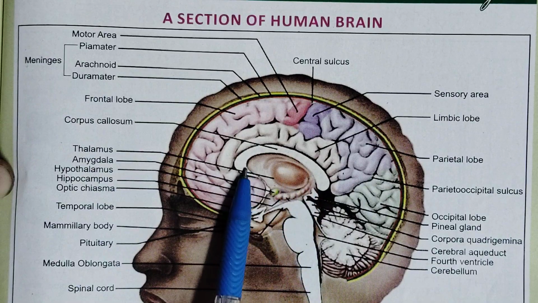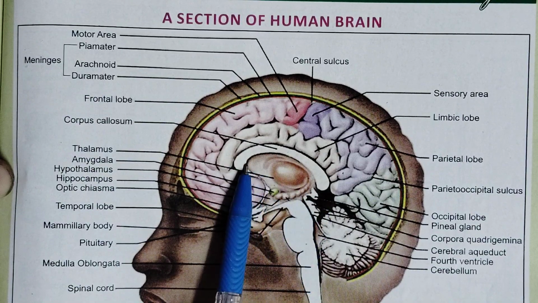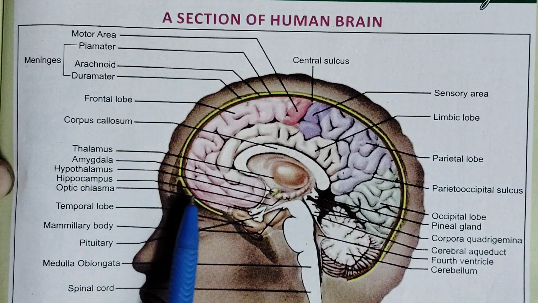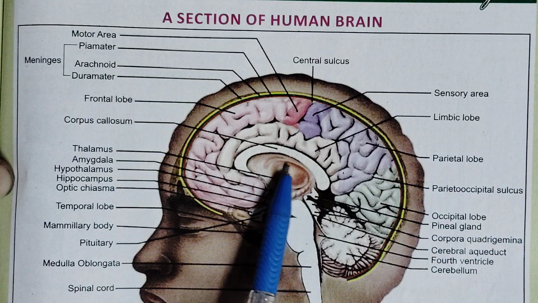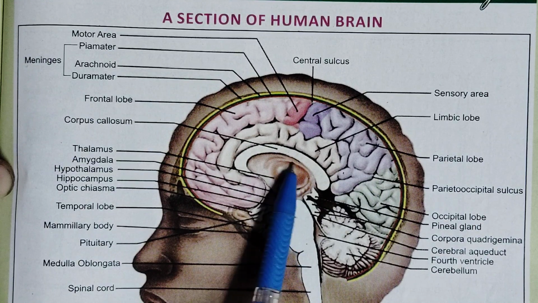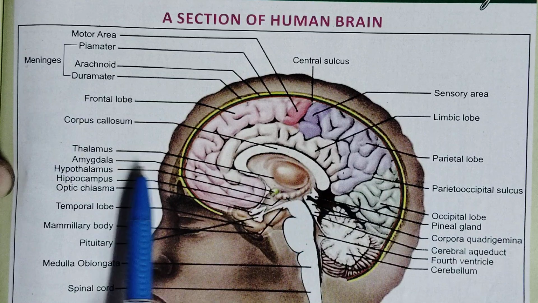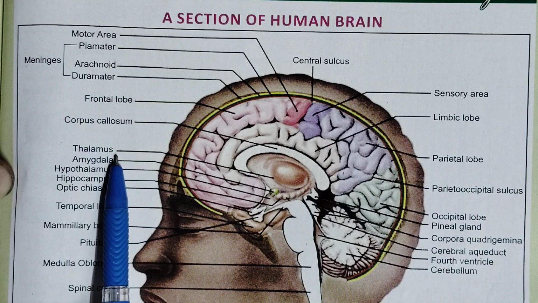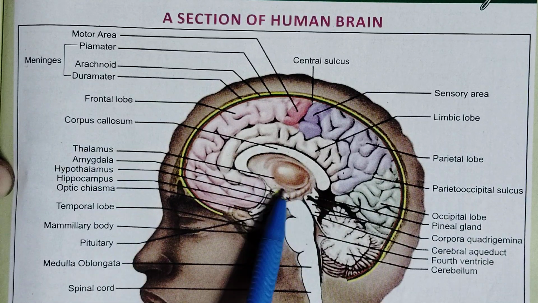Below the corpus callosum, you see the oval shape. This is called the thalamus.